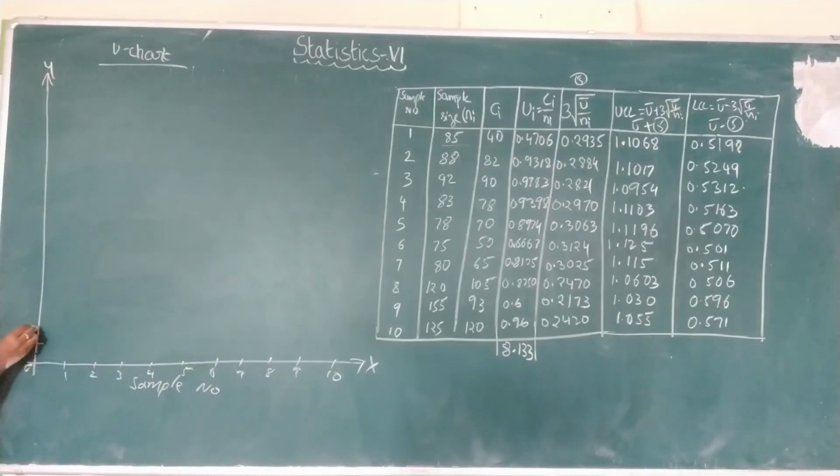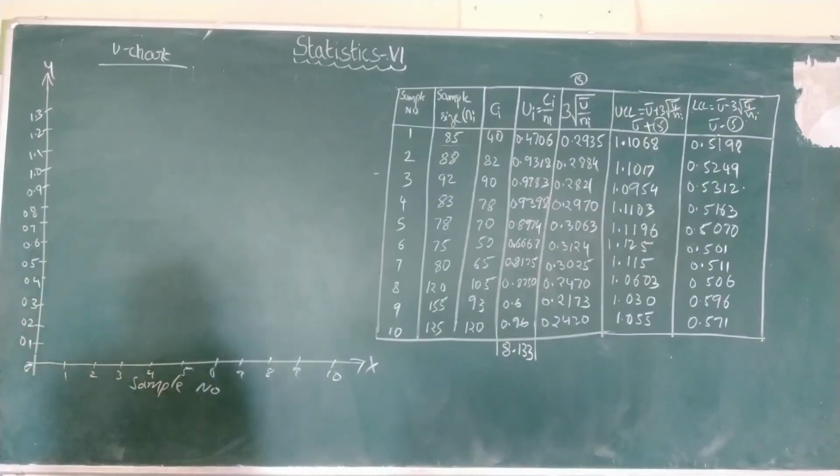Here 0.1, 0.2, 0.3, 0.4, 0.5, 0.6, 0.7, 0.8, 0.9, 1.0, 1.1, 1.2, 1.3. So we want values up to 1.12 only, right? So the scale of 0.1 is enough.